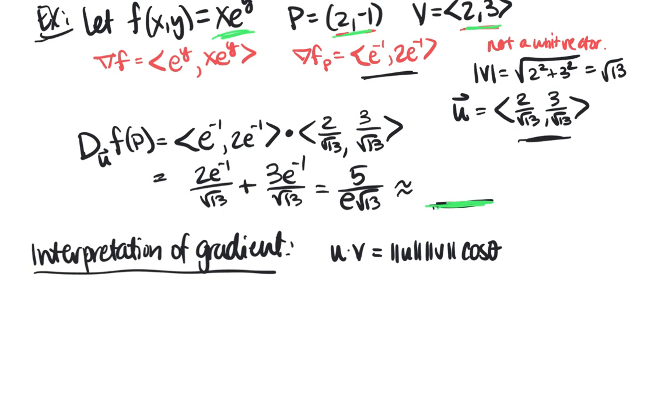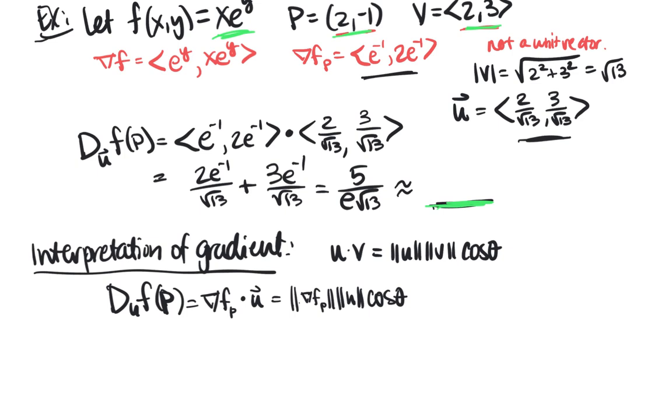So if I have D_u f evaluated at P, that is equal to the gradient of f evaluated at P dot with the direction u. Well, that's equal to the magnitude of gradient f evaluated at point P times the magnitude of u, which is a unit vector, so that magnitude is just 1, times cosine theta, where theta is the angle between them.